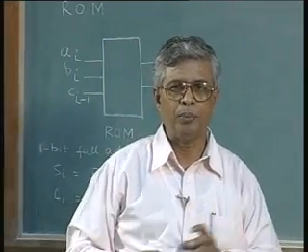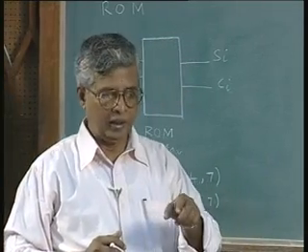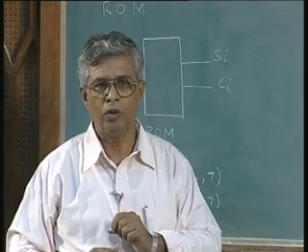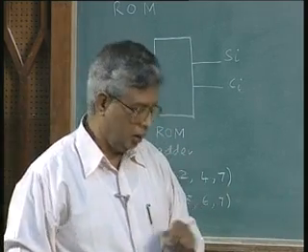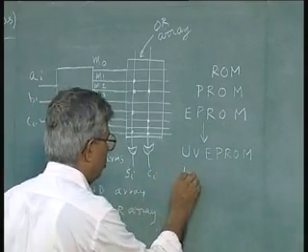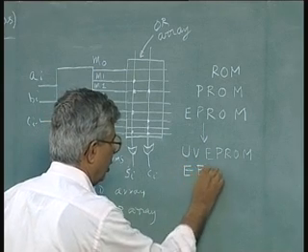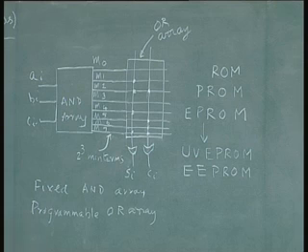When you try to open a computer or microprocessor kit in your lab, you will find a window. This window is the window through which you shine the light. That is old technology. Today we can do it electrically. EEPROM, electrically erasable programmable ROM, by applying electric pulses, current pulses, I can erase.